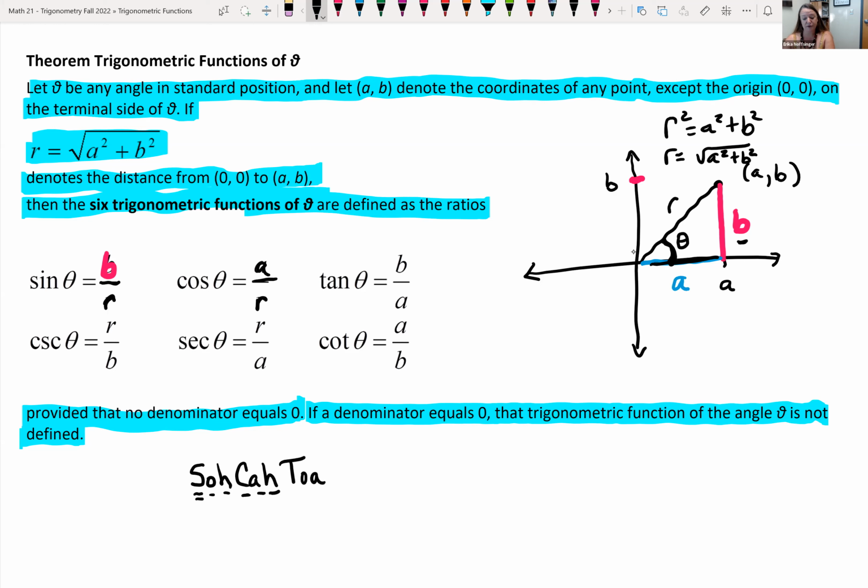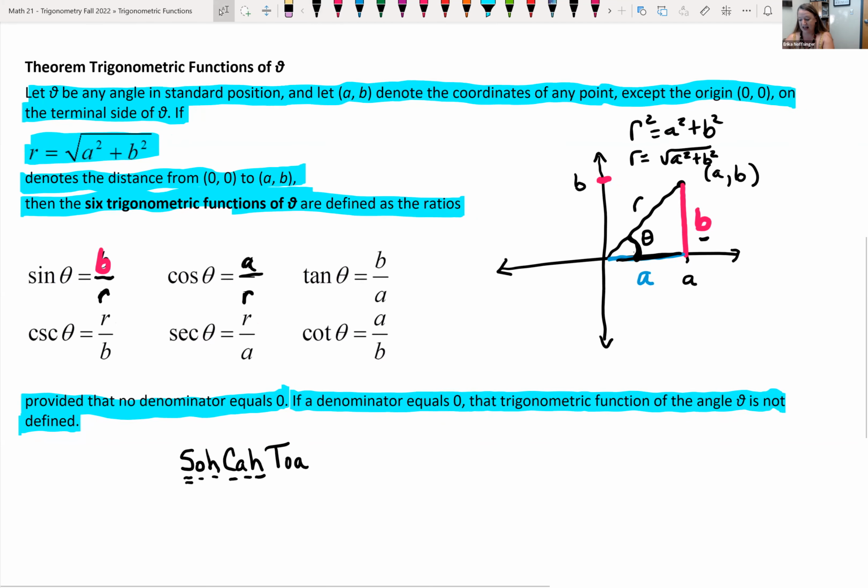Cosecant, which we know is the reciprocal of sine, would be the hypotenuse R over opposite, which is B. Secant, reciprocal of cosine theta, is R over A, and cotangent theta is A over B, the reciprocal of tangent theta. Okay, so knowing that, we can figure out what trigonometric functions are at some particular point, given that we can find that theta.